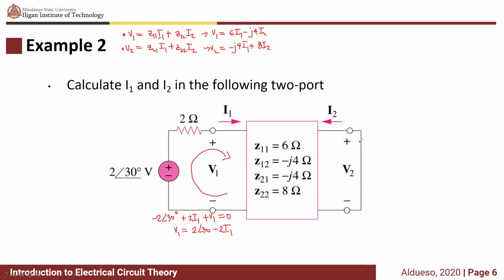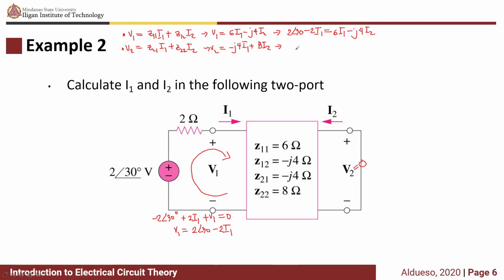And then looking at port 2, our port 2 is shorted, so meaning our V2 is equal to 0. So using these values, this equation becomes 2 angle 30 minus 2I1 equal to 6I1 minus J4 I2.